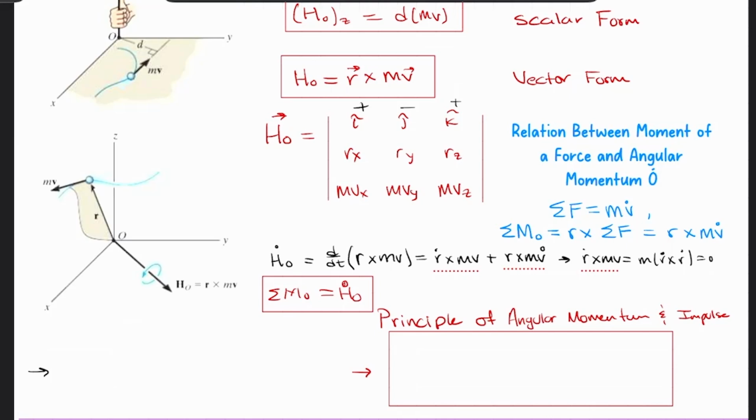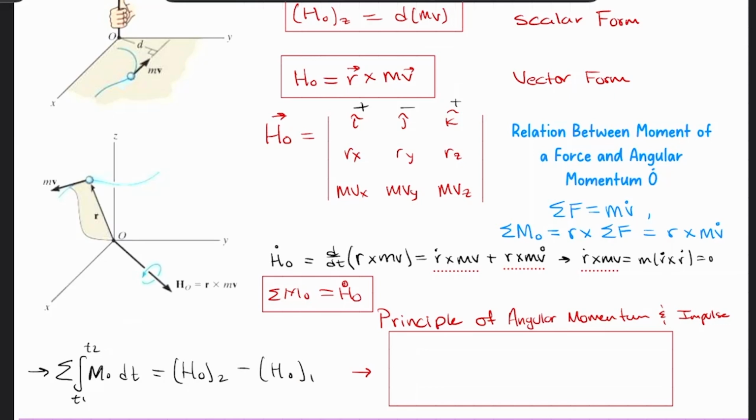I'm not going to go through it, but this is basically how they are related. Using this equation, we can rearrange these things and write that the summation of the moments about point O from T1 to T2, integrating with respect to t, is equal to the change in angular momentum from state 1 to state 2.